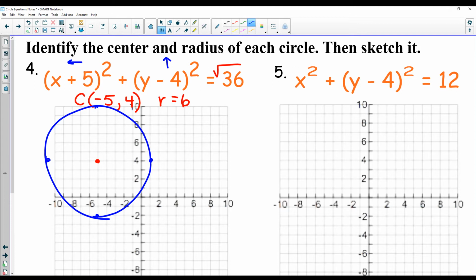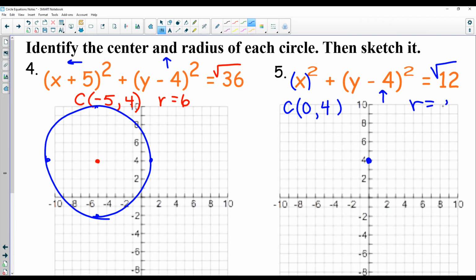All right, number 5. Last one here, I've got to find the center and the radius. Okay, so the center, I don't have anything in the parentheses here with x. That means that there was no movement for x. It did not shift. Y, though, has a negative 4, so that means up 4. So our center is at 0, 4. And the radius, be careful, don't take half. You've got to remember to take the square root.